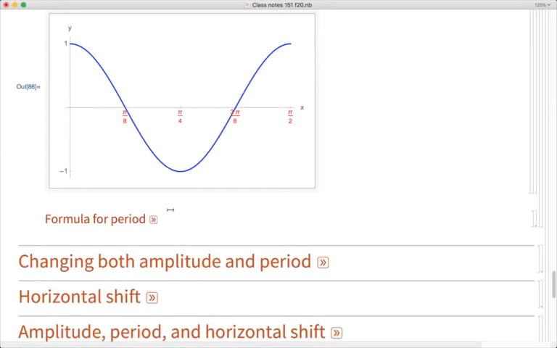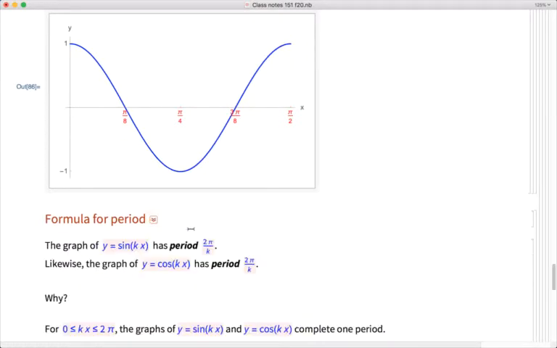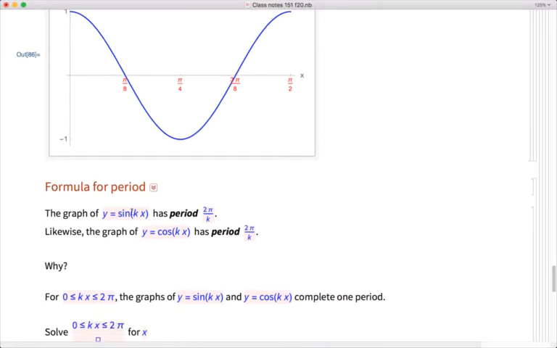Okay, so there's this general formula for computing the period of a horizontally stretched graph. If we are looking at sine kx instead of just sine x, this graph will have period 2 pi over k. And the same story for cosine kx. Its period will be 2 pi over k.